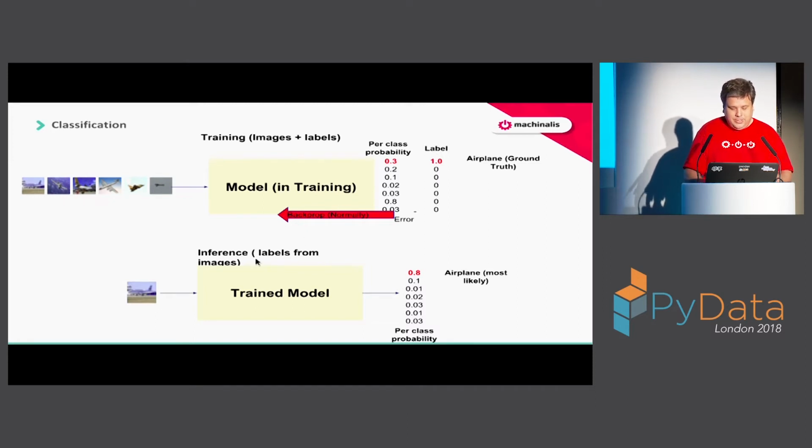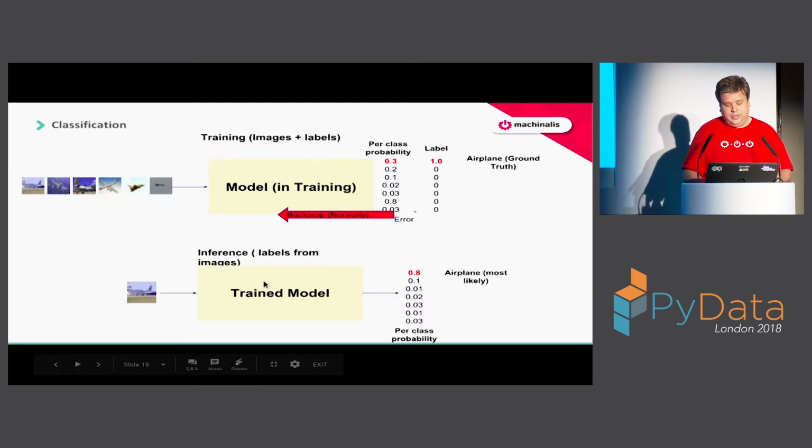Then at inference time, we just do the forward pass. Hopefully, if the model is well trained, when we feed an airplane to the model, we'll get a really high result in the airplane class.